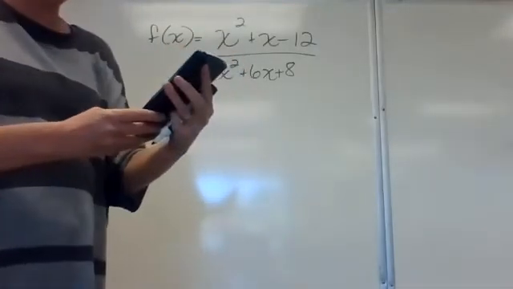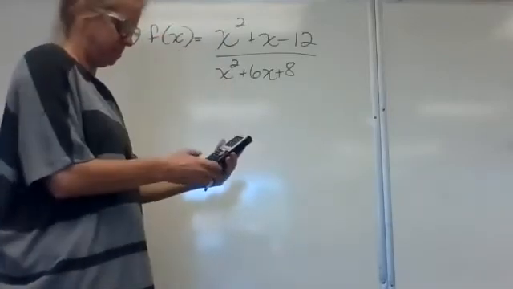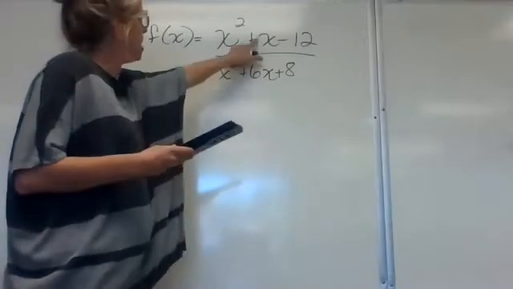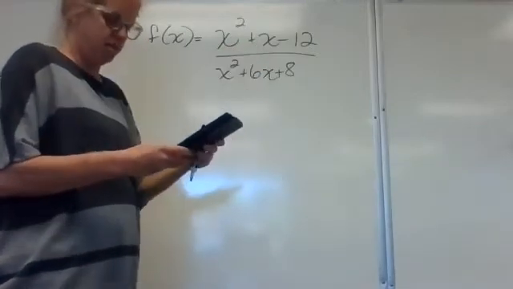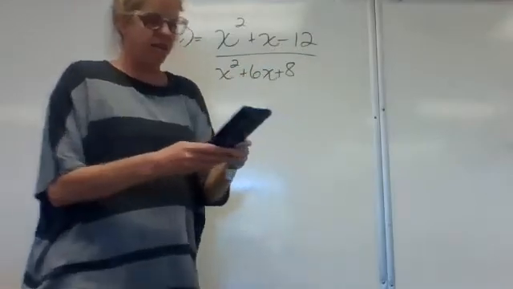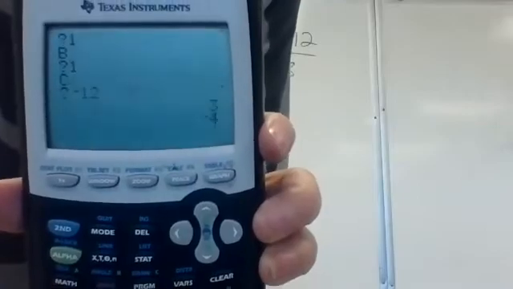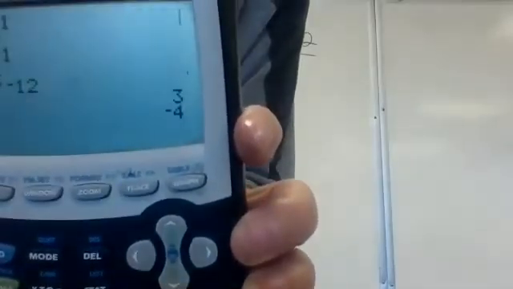Up top, my A is 1. My B is also 1. And my C is -12. So 1, 1, and -12. So the zeros of the numerator are 3 and -4.